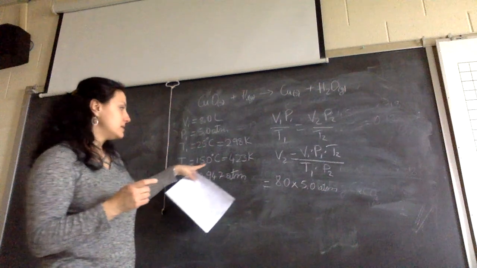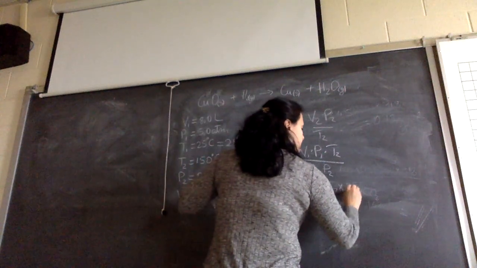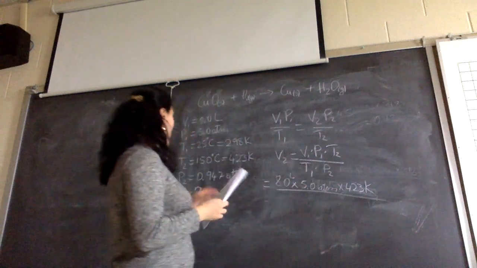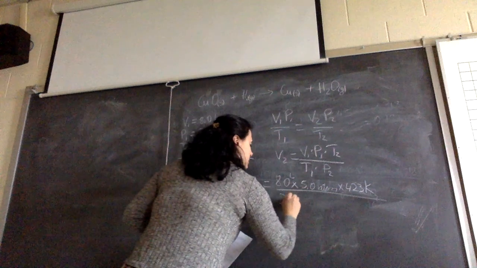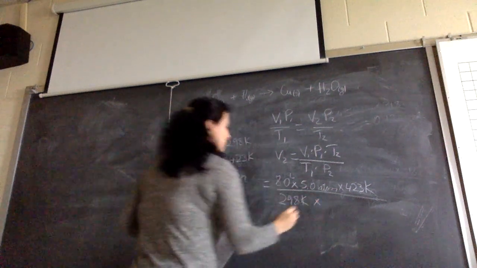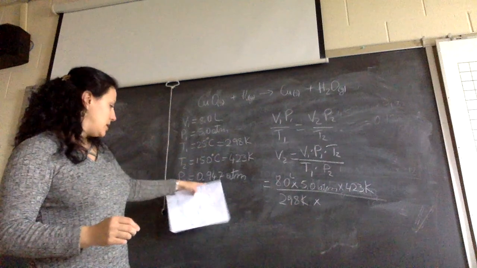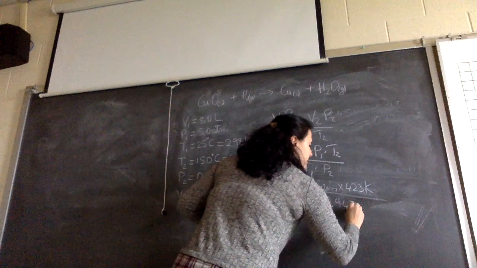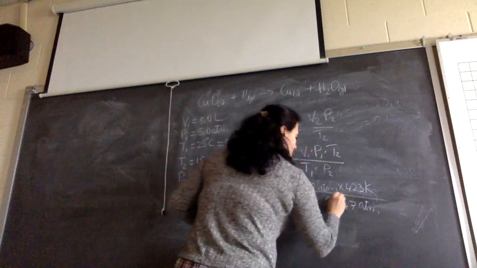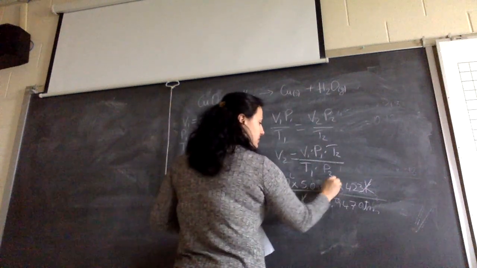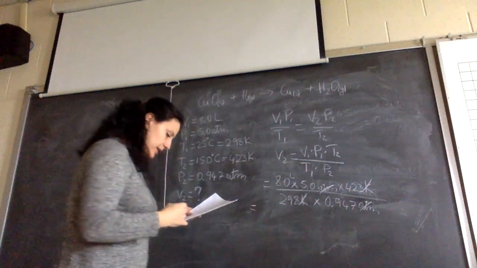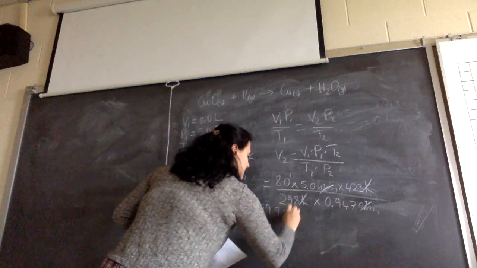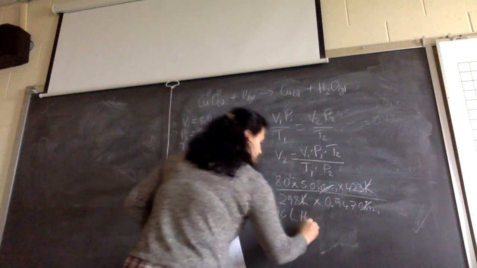T2 is 423 Kelvin over T1, which is 298 Kelvin, multiplied by pressure, P2, which is 0.947 atmosphere. Okay, my Kelvin cancels, my atmosphere cancels, leaving me in liters, which is 59.96 liters of hydrogen. Okay?